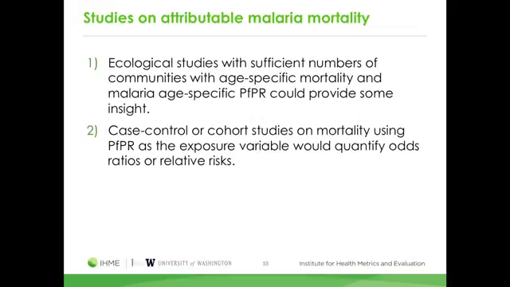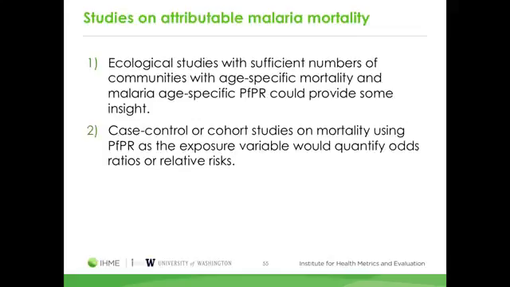How can we pursue this? Well, I think there are two strategies. There are the ecological studies that I know some groups have been investigating: what's the relationship in cross-sectional or time series cross-sectional models between, let's say, PFPR and some mortality outcome, where you try statistically to control for lots of other determinants? That's one strategy. I think there will always be doubt about that.